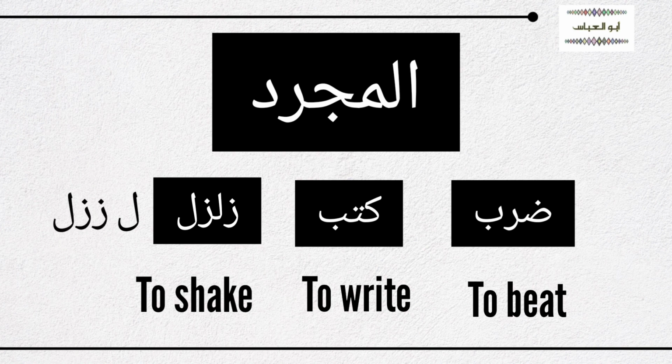If I take off the second zai, it's still lost, as well as the last lam. Meaning that zalzala is al-fi'lu al-mujarrad. So in a nutshell, al-fi'lu al-mujarrad is that verb whereby if you take out one letter from its letters, the original meaning is lost. That is what we mean by al-fi'lu al-mujarrad.